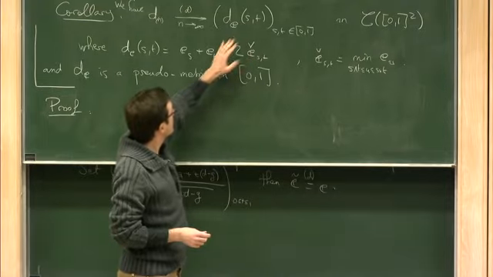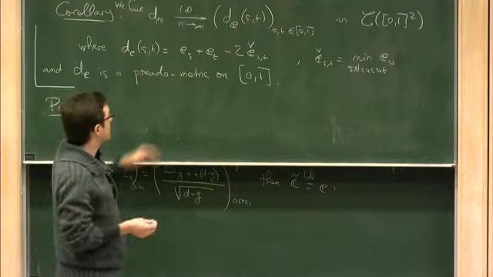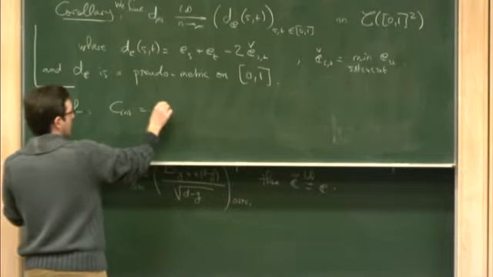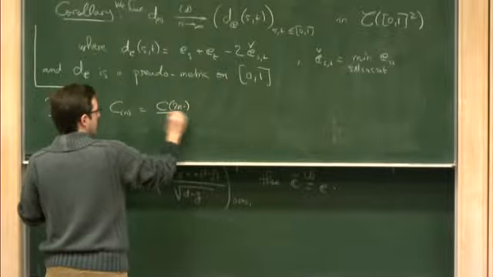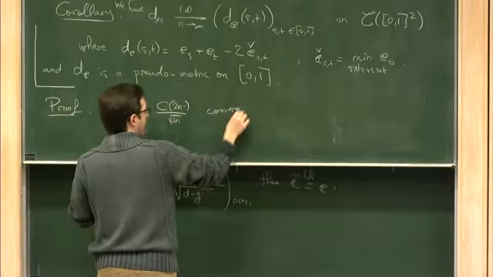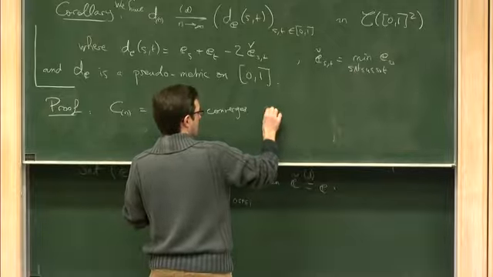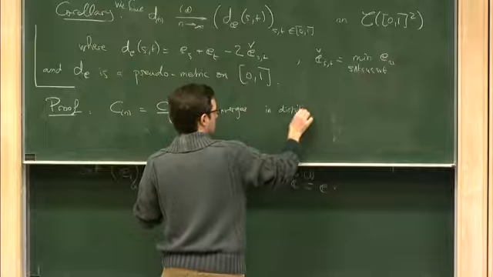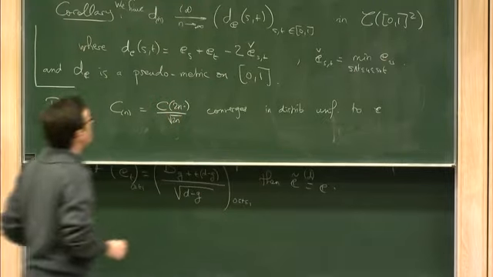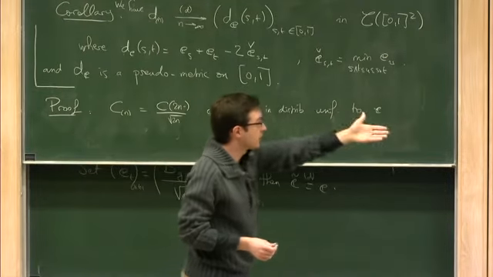This convergence directly comes from the fact that Cn, let me call Cn the rescaled process, so C2n divided by square root 2n, converges in distribution uniformly to E. So this first convergence is just a consequence of the formula.